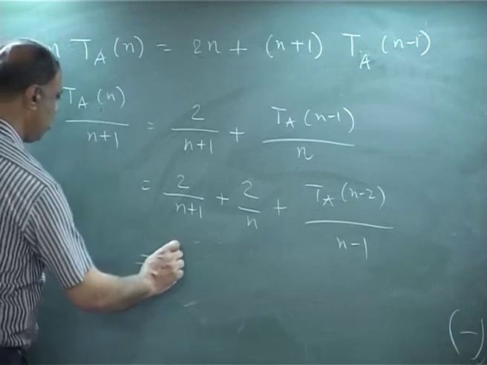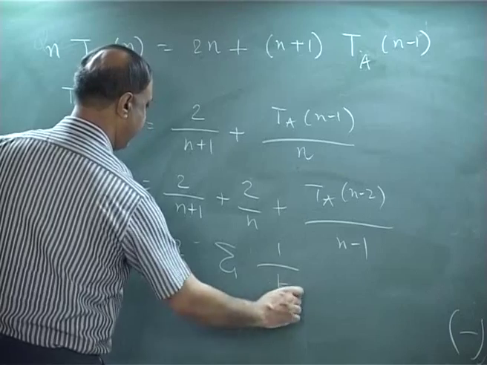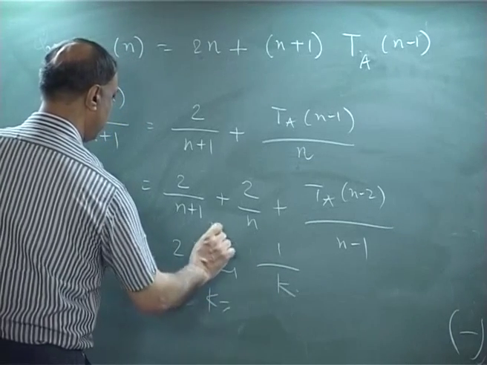This gives me 2 times summation over 1 by k.